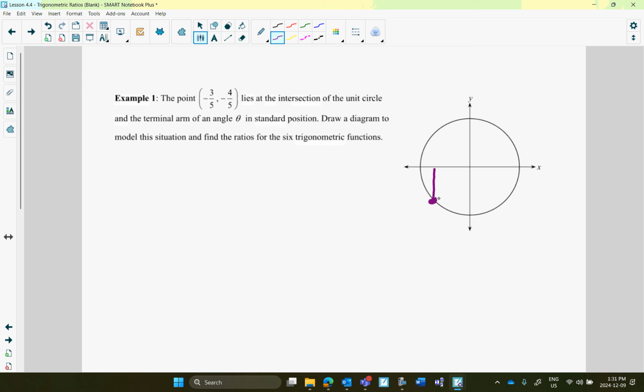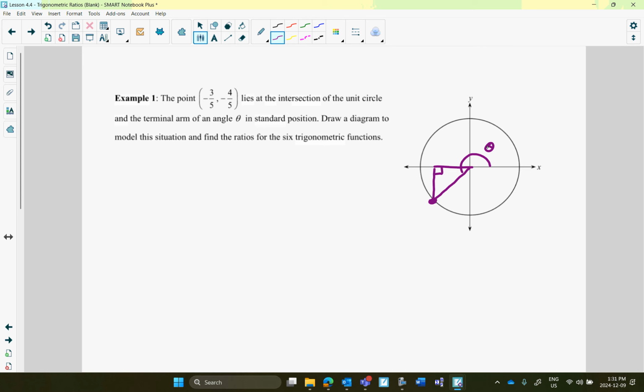My hypotenuse always comes from the origin. And then that finishes the right triangle. And so this is theta here, from here to here, but this is the reference triangle I'm using.